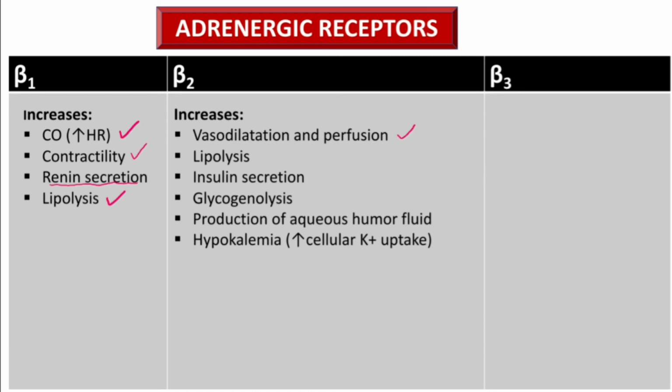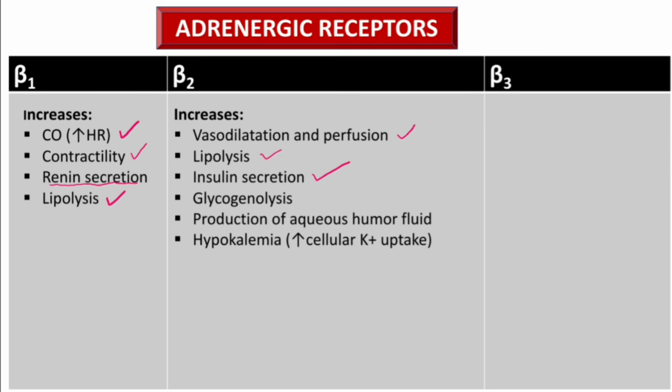So here you need to know heart and lungs. If you stimulate beta 2, you increase vasodilation and perfusion in the heart muscle, in the heart blood vessels, and also the lungs. It will also increase lipolysis and increase insulin release.